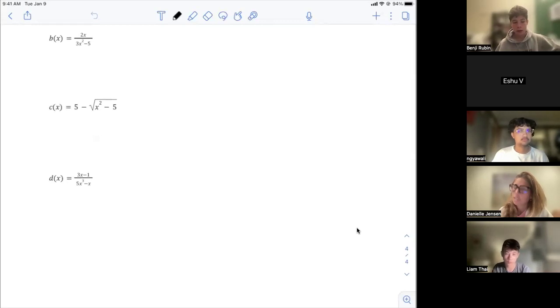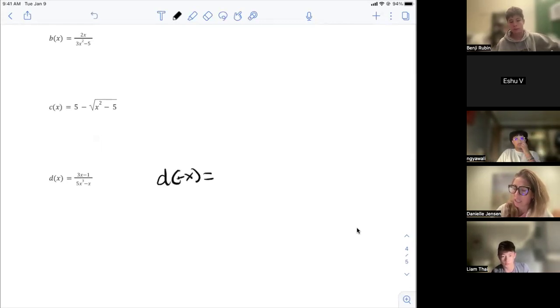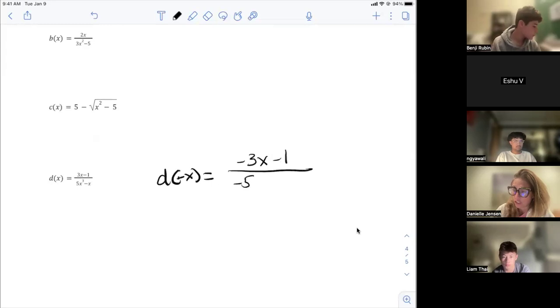So that depends. I'm going to answer this a few ways. When you put in -x, you get the -3x changing sign, but not the -1, and then in the denominator everything changes sign.